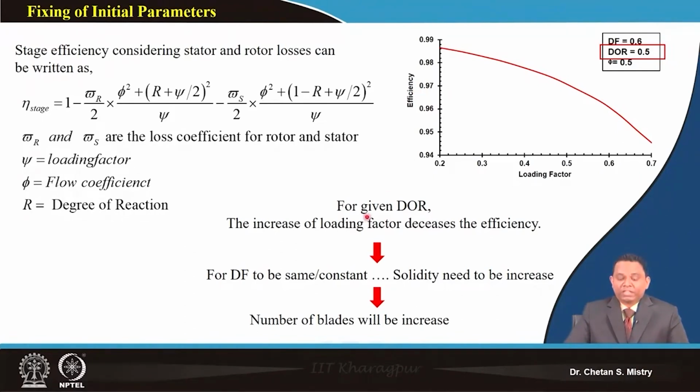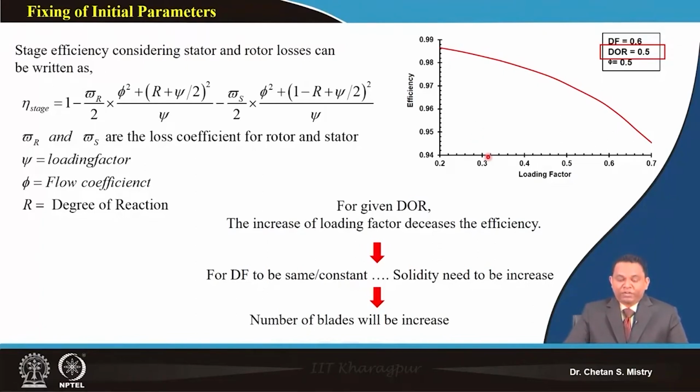Now what is the reason the efficiency is lower? It says that for the same diffusion factor of 0.6, the solidity needs to be increased. So for an increase of the loading factor, if I need to maintain the diffusion factor constant, then I need to increase the solidity.